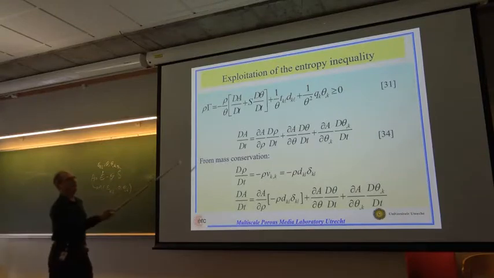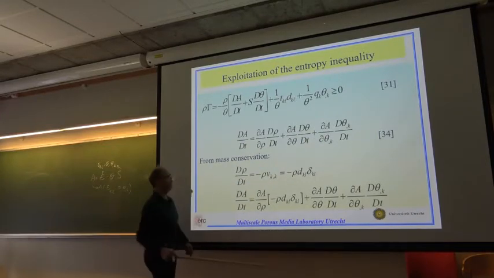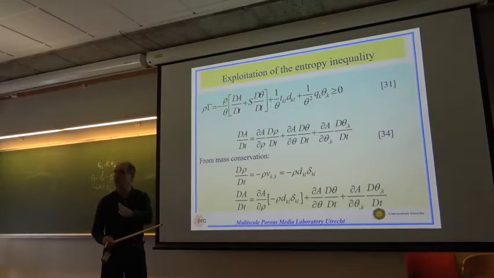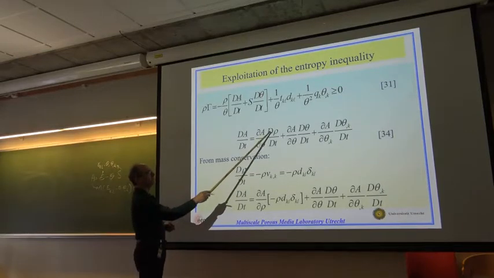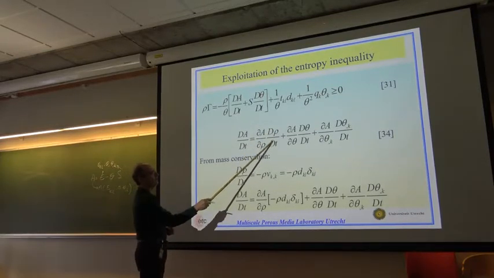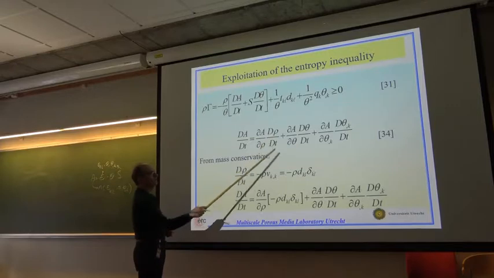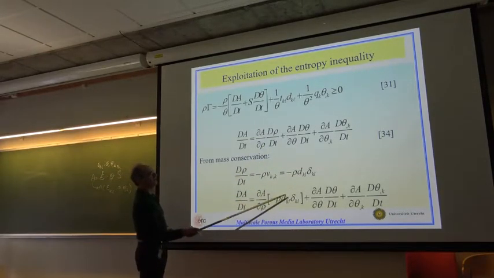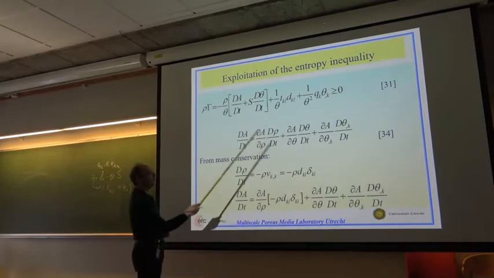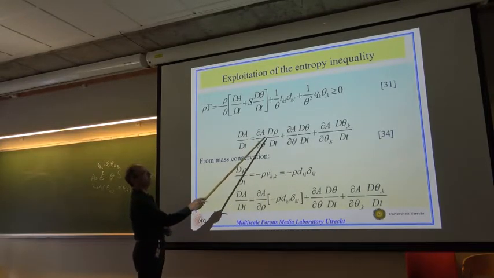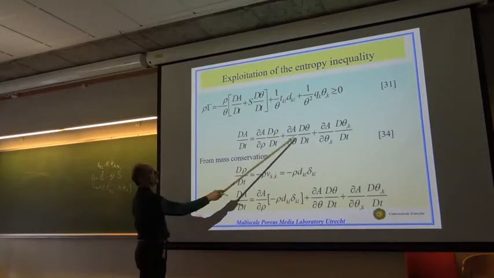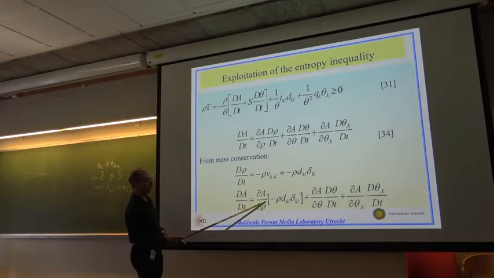So dA/dt gives you these three terms. And then I have to make sure conservation laws are not violated. To make sure that is the case, from mass balance I realize that d rho/dt is related to the velocity gradient, or the deformation rate tensor. So I must include that here, otherwise I'll make wrong conclusions. So I put that in here, and I put everything back in the equation.